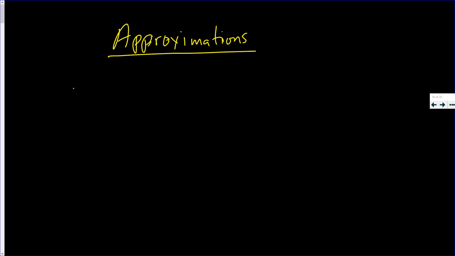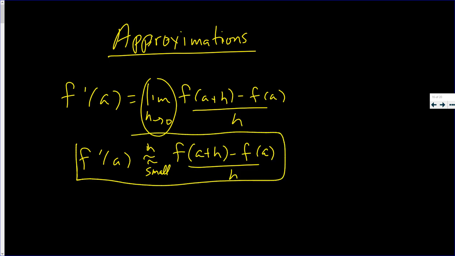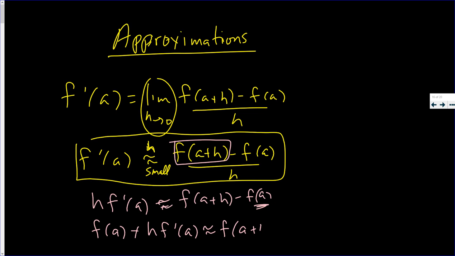Now, treating that approximation symbol like our equal sign, let us solve this equation for this. That is, h times f prime of a is approximately f of a plus h minus f of a, and bringing this term to the left side, we get f of a plus h times f prime of a is approximately f of a plus h.